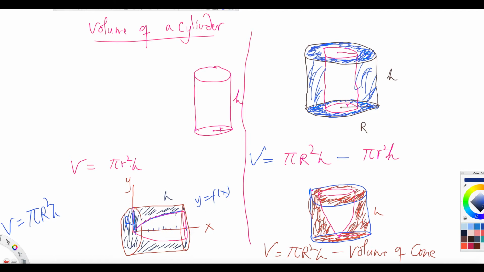The height is changing. That's why y is changing. So what I'm doing here is pi y square h, but y is changing here.